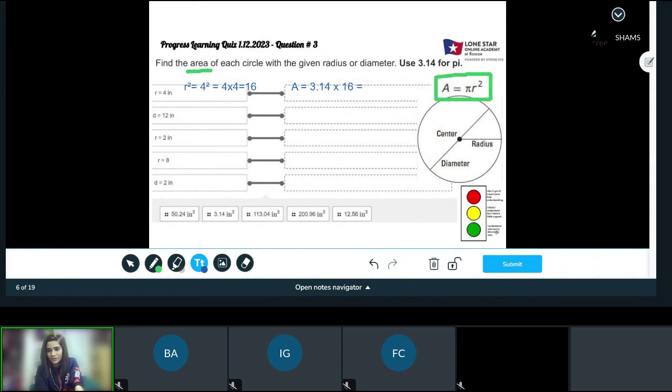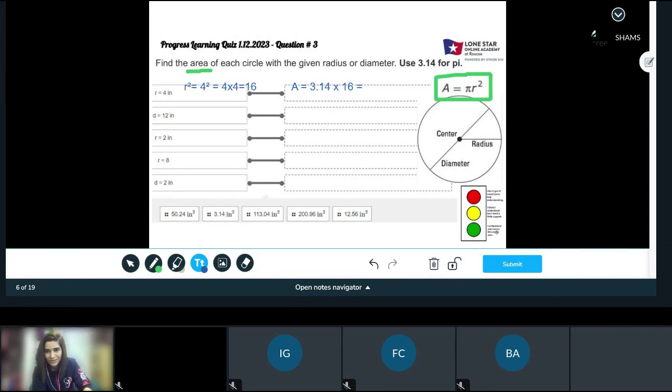If you have r, then square it. Multiply r by itself: 4 times 4, get 16. Then multiply by pi, that is 3.14. How much did you get? Someone please help me. How much is 16 times pi? 50.24, Annabelle?